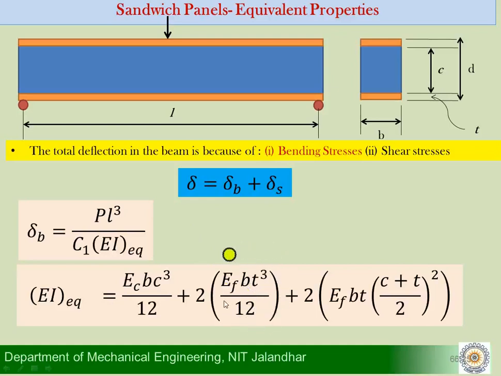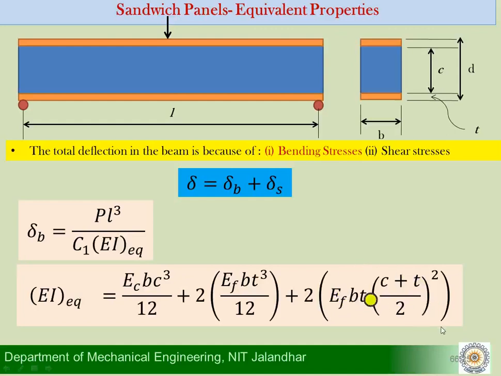But this BT cube by 12 is the moment of inertia of the face material, this orange material, about its own centroidal axis, not about the centroidal axis of the sandwich panel itself.